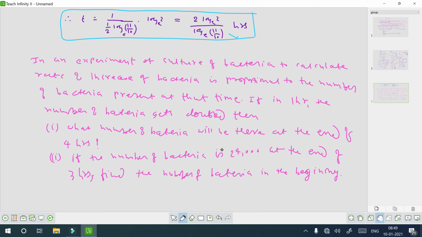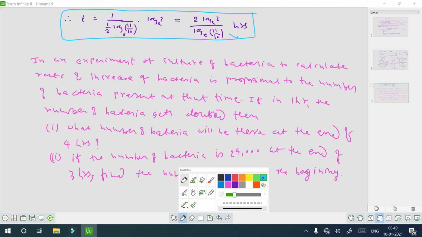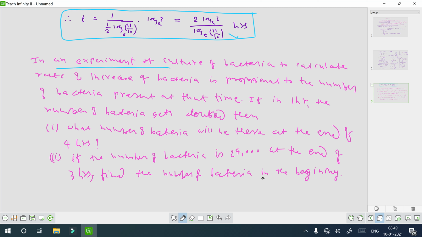See, of course it's an extra question, but important question. See, here it is given that in an experiment, culture of bacteria, to calculate, rate of increase of bacteria is proportional to the number of bacteria present at that time. First of all, see up to this line.